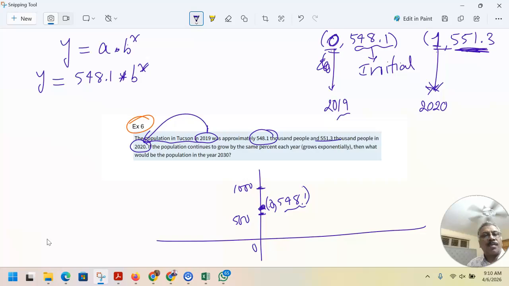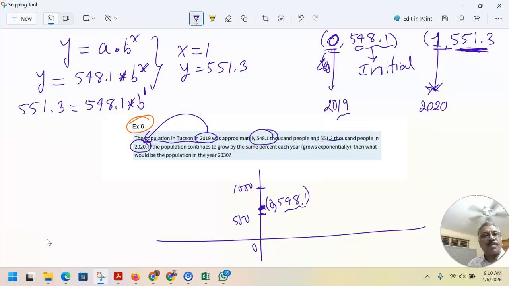When x is 1, y is 551.3. So 551.3 is 548.1 times b raised to 1.